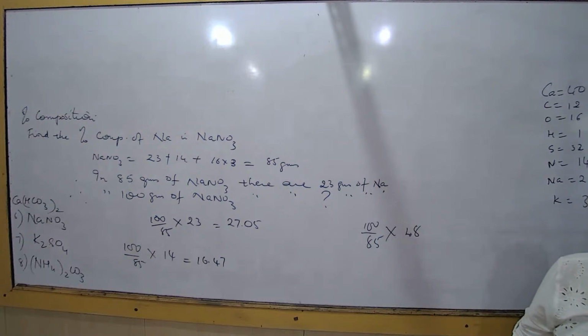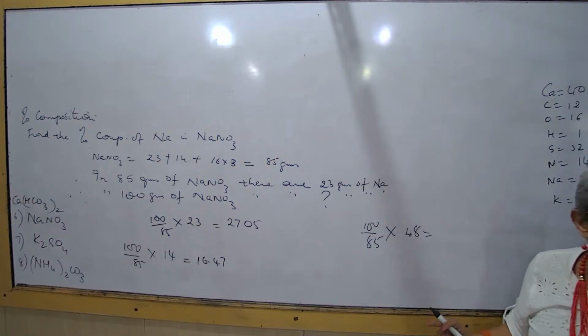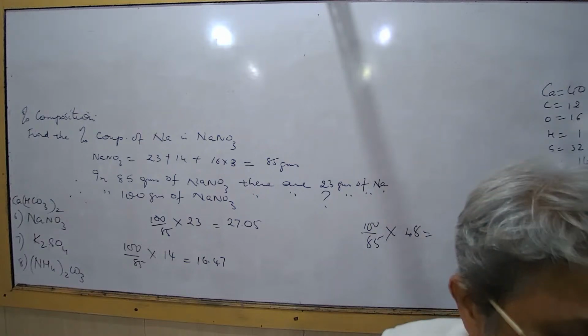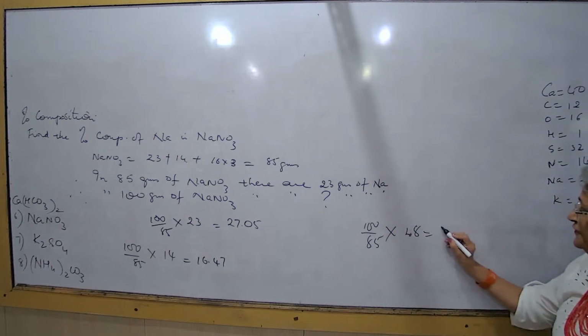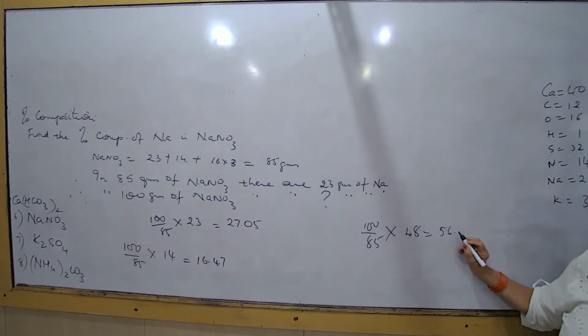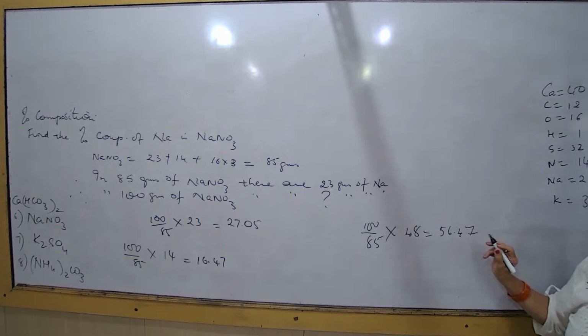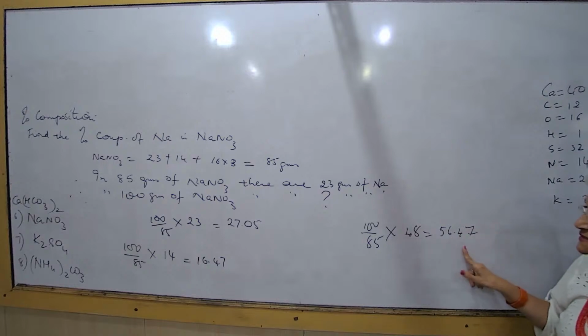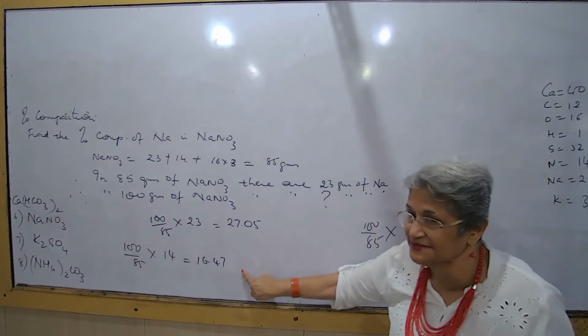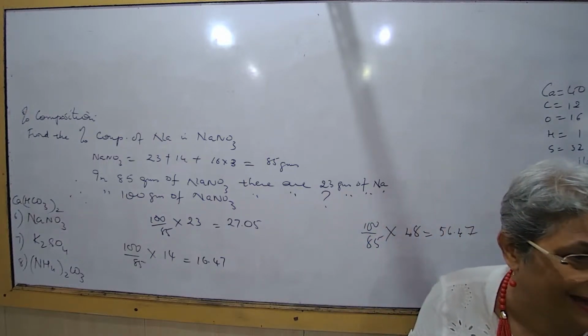Then we have to calculate. Of course, you think I'm going to sit and calculate by the side? What is the answer? Answer fast! 56.47. Okay.